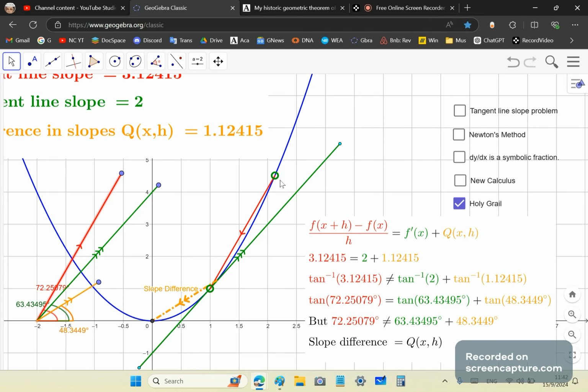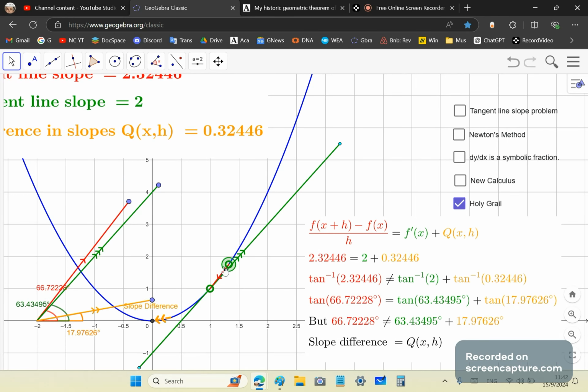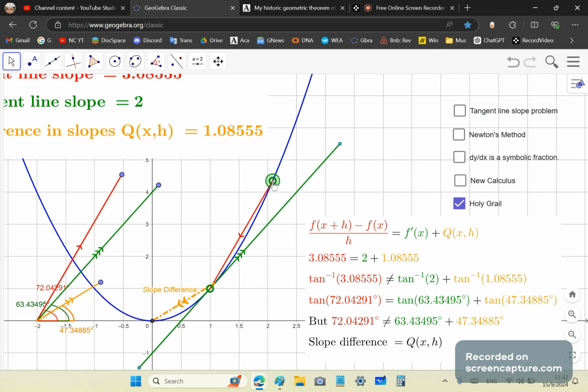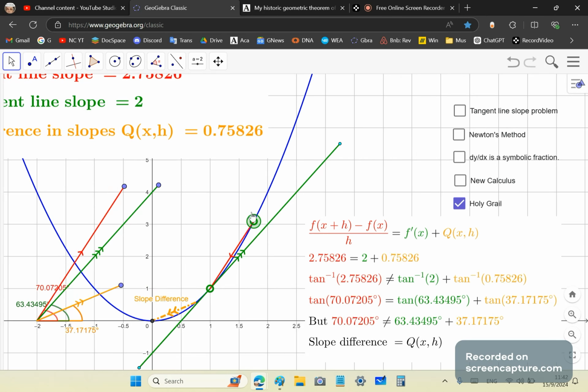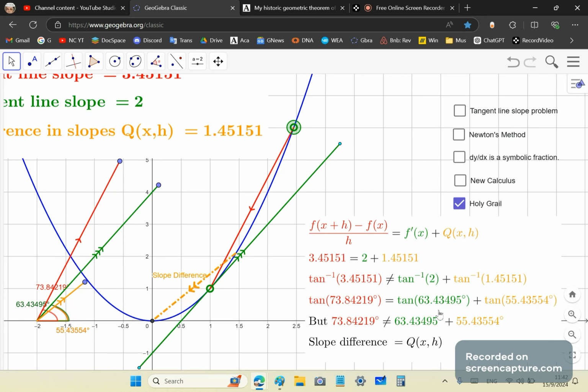So obviously that slope difference is going to get smaller as these 2 points approach, but it doesn't really get smaller for different secant lines, okay? All these secant lines have a fixed slope and a fixed difference with this tangent line. So for example, if I have that secant line, this 1.45151 is a constant slope difference.